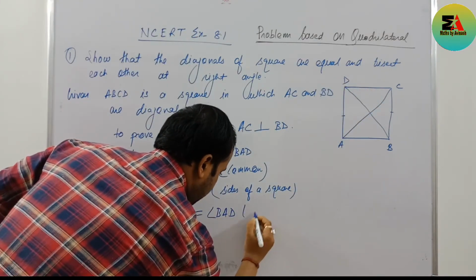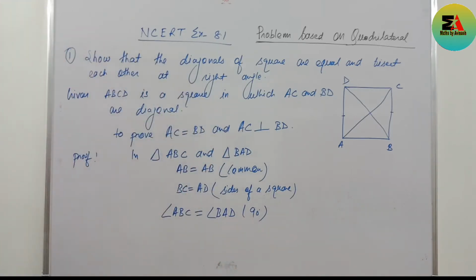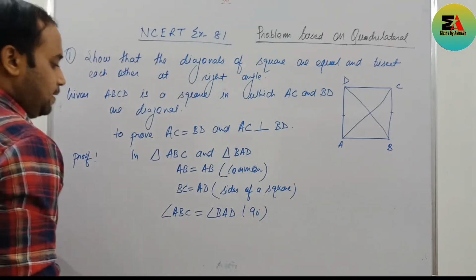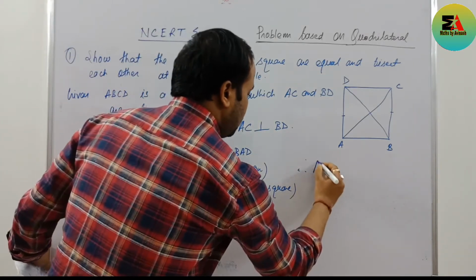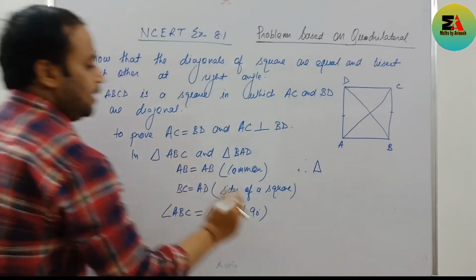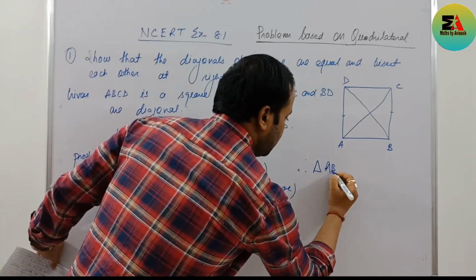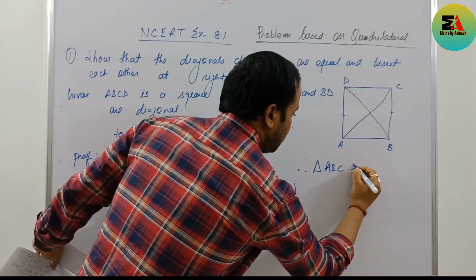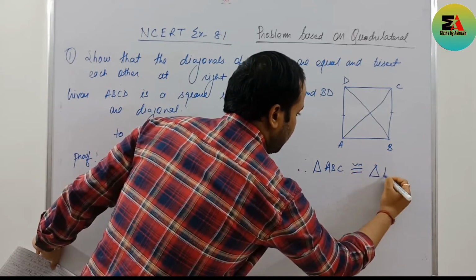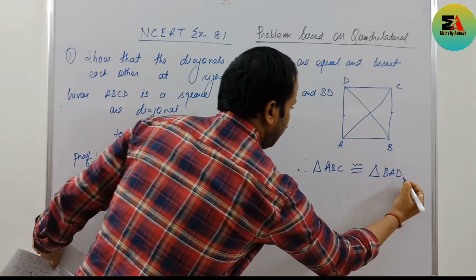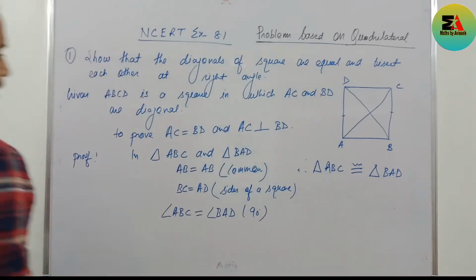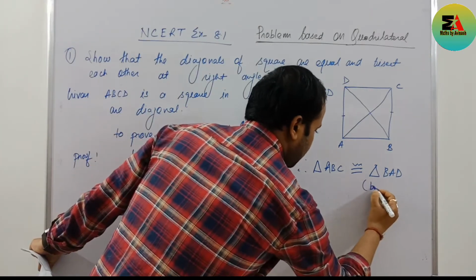Why? This is 90. Therefore, our triangle ABC is congruent to triangle BAD by SAS congruency.